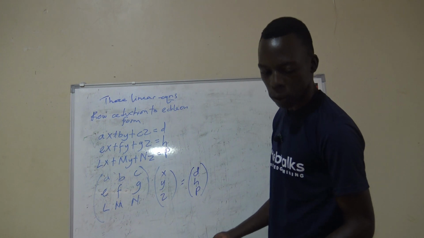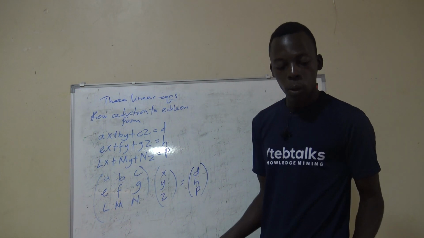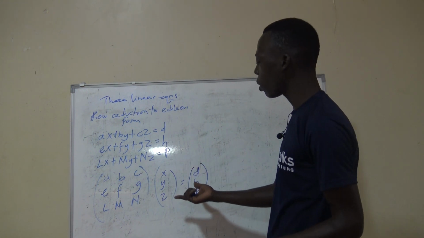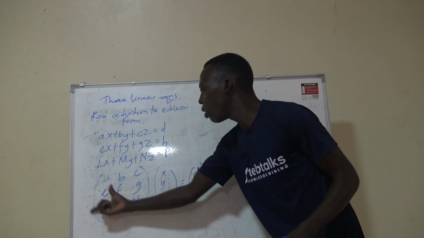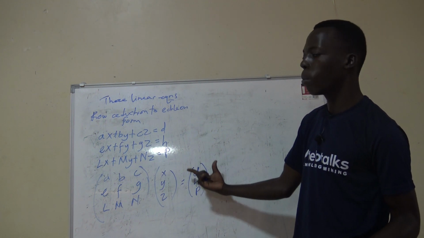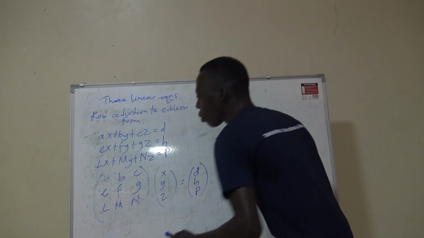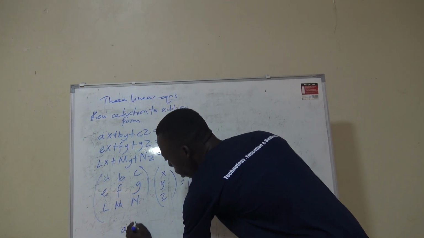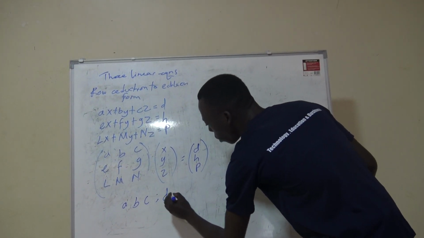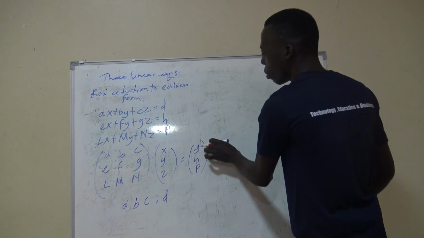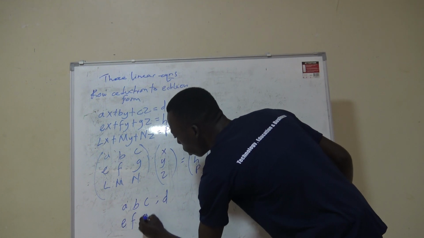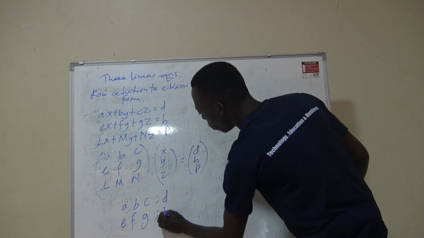From there, we write it in terms of an augmented matrix. An augmented matrix is a combination of the matrix of the constants and the matrix of the answers which you must equate to. So it is like this: a, b, c, then a semicolon, then d, the one it equals. Then the second row, e, f, g, semicolon, h.